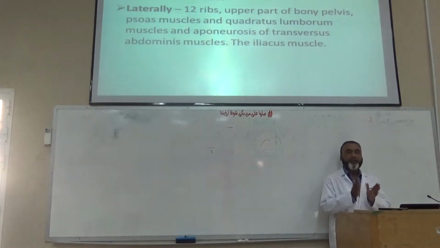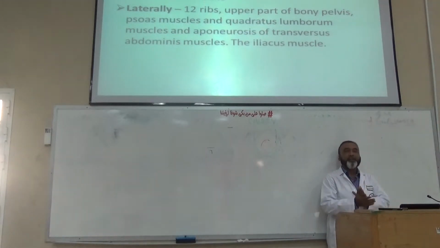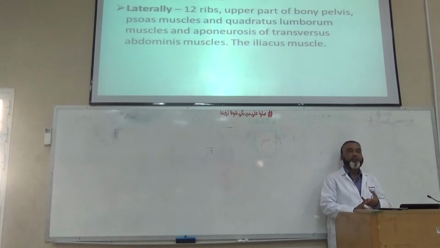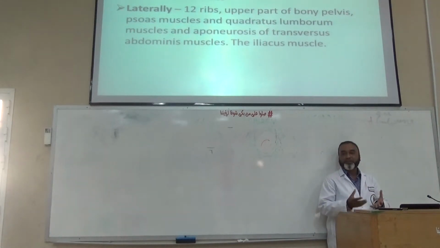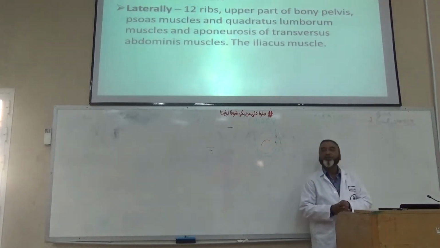So in the midline, lumbar vertebrae with intervertebral disc, and then on each side towards the lateral side we have the 12th rib with other muscles: psoas major, quadratus lumborum, iliacus muscle, plus the aponeurosis of the transversus abdominis muscle, and if present, the psoas minor muscle.